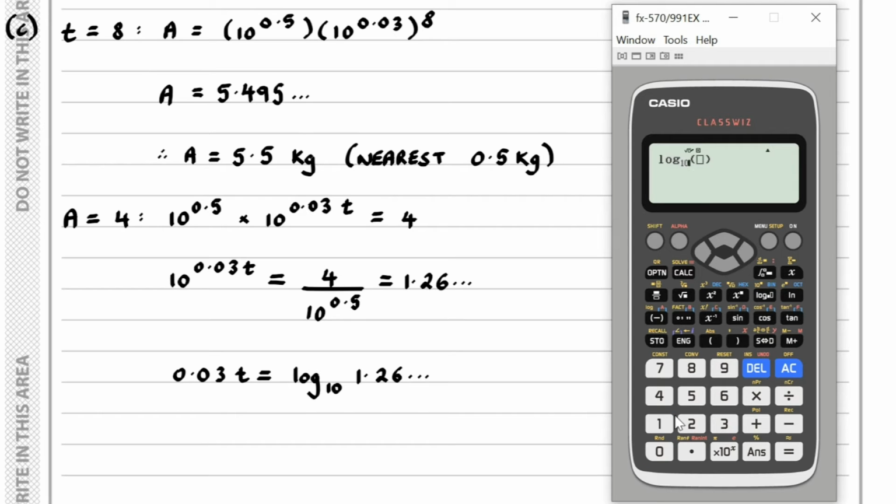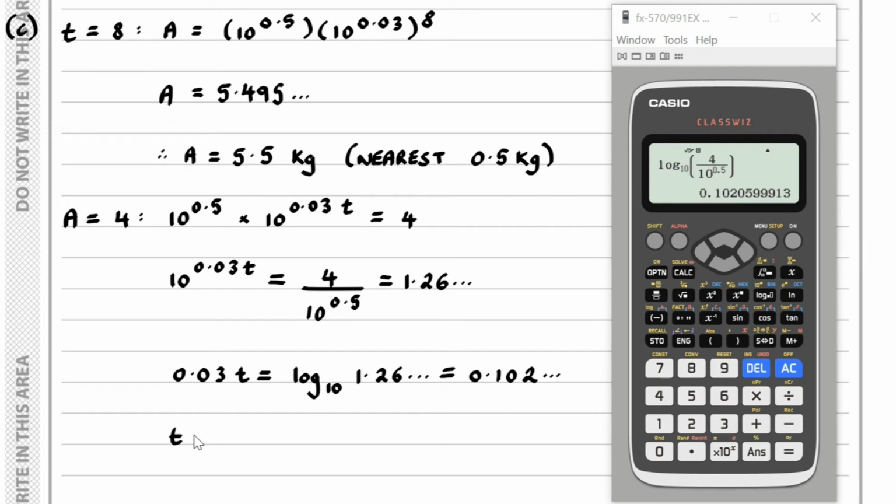So we have log base 10 of 4 over 10 to the power of 0.5. So 0.03t is equal to 0.102.